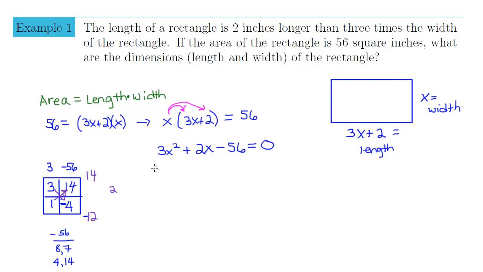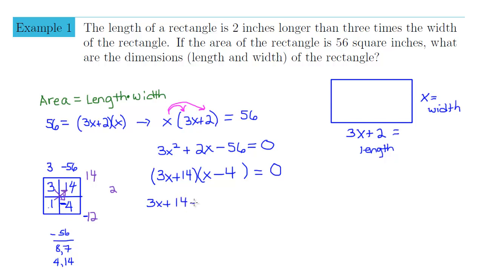3x squared plus 2x minus 56 is simply factored as the following: 3x plus 14, which I get from the first row in my box, times 1x minus 4. We can re-multiply to check, and this quadratic equation has now been factored. At this point, I set each factor equal to 0 using the zero factor property.